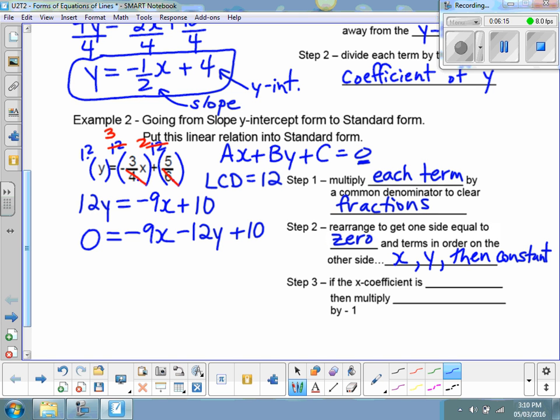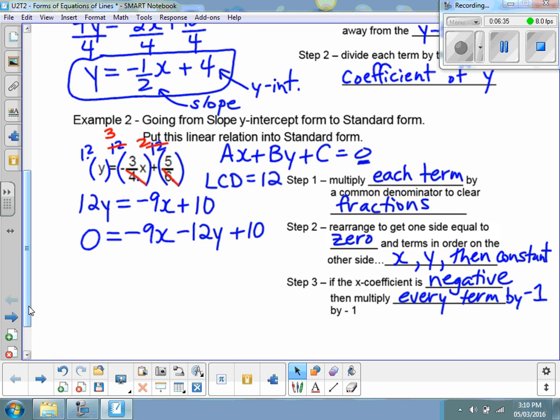And then if the x coefficient is negative, remember we need it to be positive, then multiply every term by negative 1.